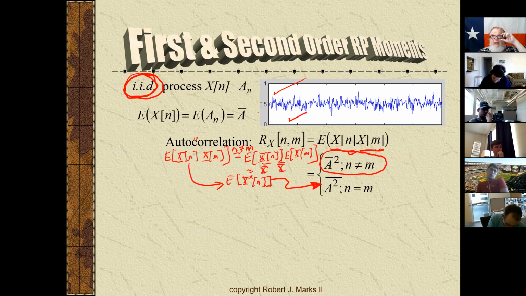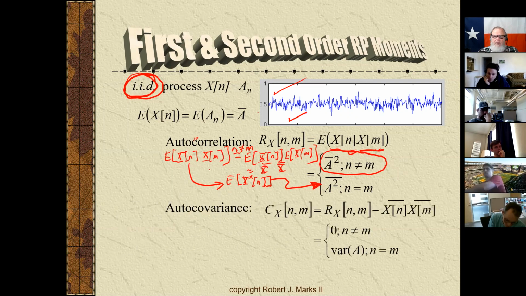By the way, we'll find out later that when you have IID points, you can consider this in many cases as an instantiation of so-called white noise. White noise is where you have independence or non-correlation among adjacent points. The autocovariance, on the other hand, is equal to 0 for n not equal to m, because we subtract off the square of the first moment, so we get 0.